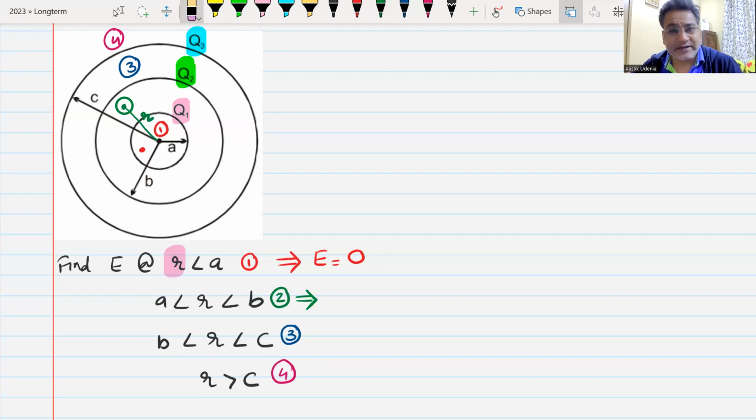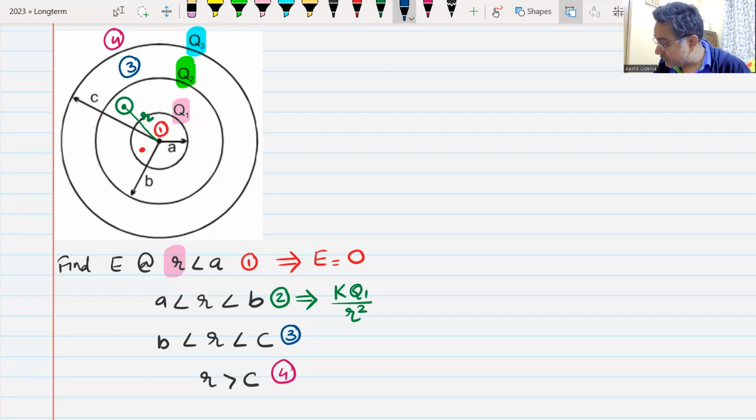So only the pink shell will create electric field. The point is outside for the pink shell, so it will be K Q1 divided by r square, and that would be the electric field, and it will be going vertically outwards. Do we understand this? Yes, sir.